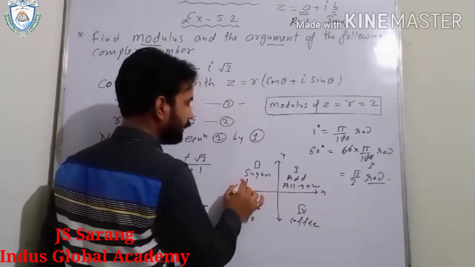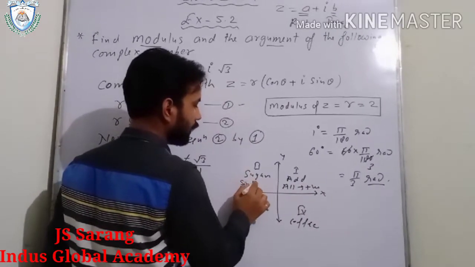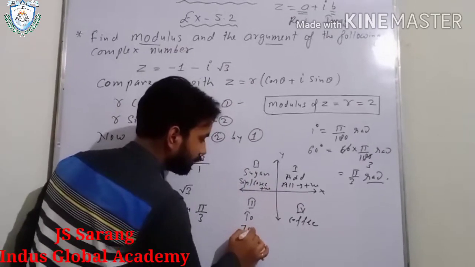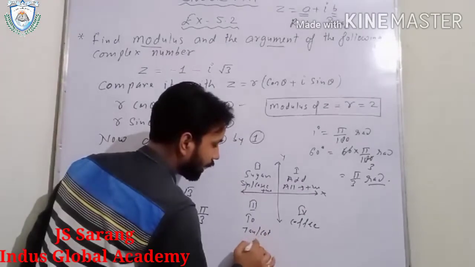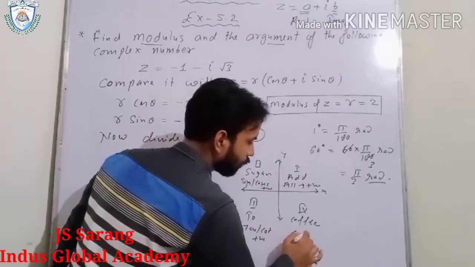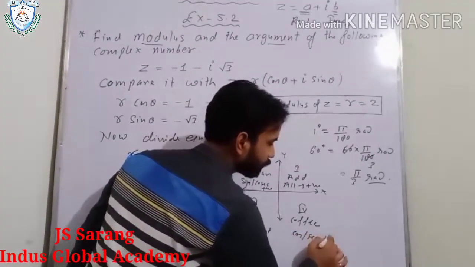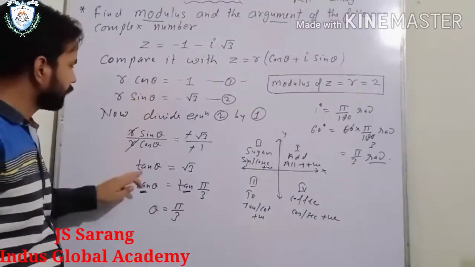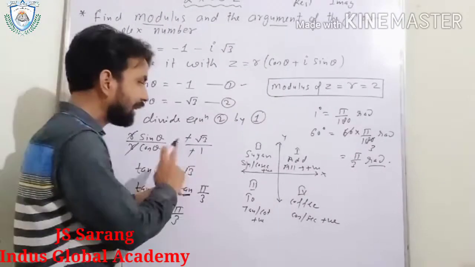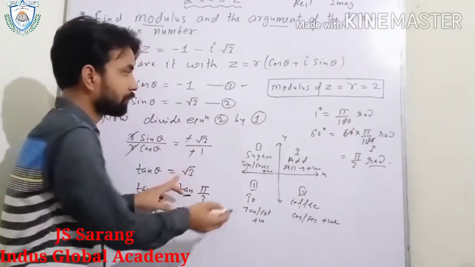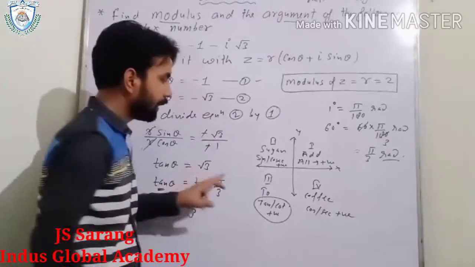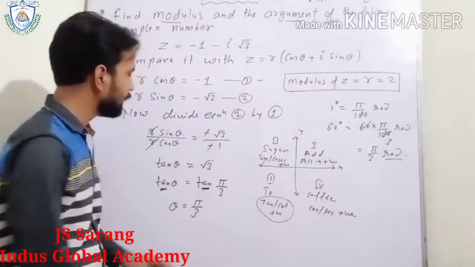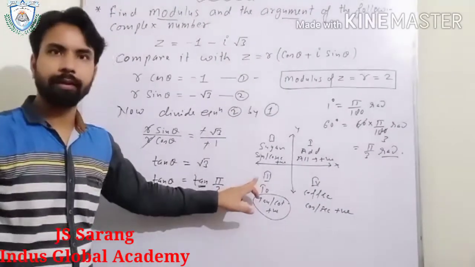In the second, sine and cosec are positive. In the third, tan and cot are positive. In the fourth, cos and sec are positive. So cos and sine are negative, tan is positive. That means theta lies in the third quadrant.